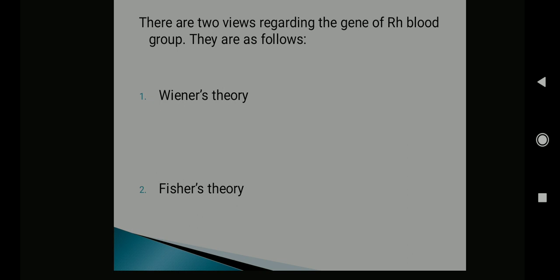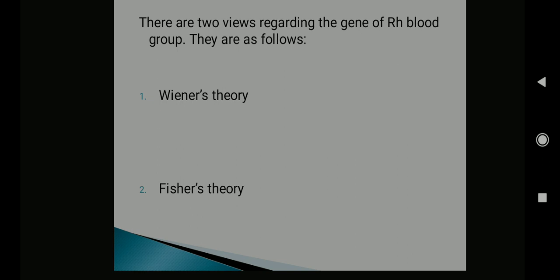Weiner proposed that the Rh blood group is controlled by 8 multiple alleles, namely small r, R1, R2, Rx, Ry and so on. The r gene controls Rh negative blood and the remaining genes control Rh positive blood.